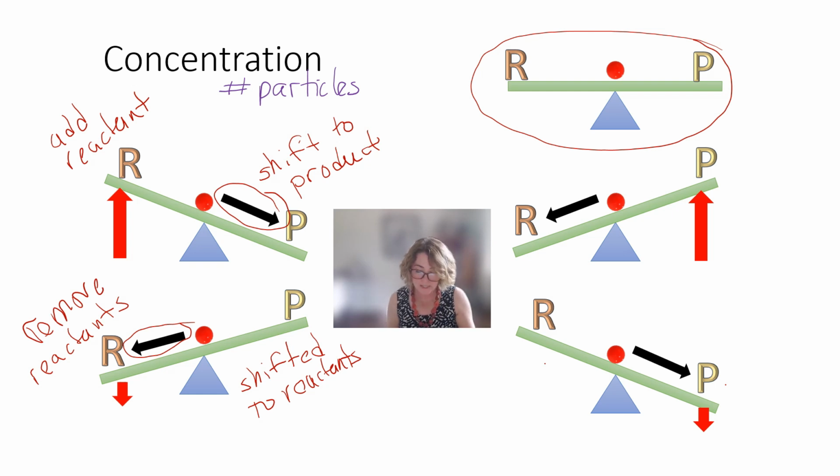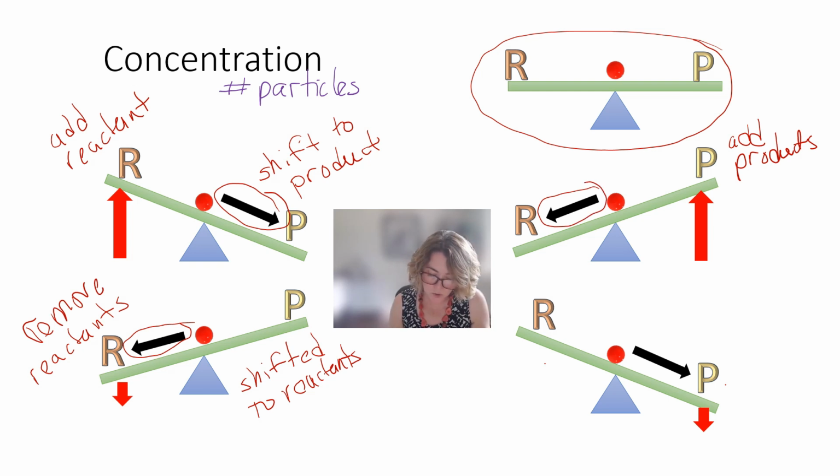Now we're going to do the exact same thing on the other side, but with the products. First one up here, I'm going to go ahead and I am going to add products. So I am lifting up the product side of that teeter-totter. That ball is going to roll to R, which means that my equilibrium is shifted to the reactants.